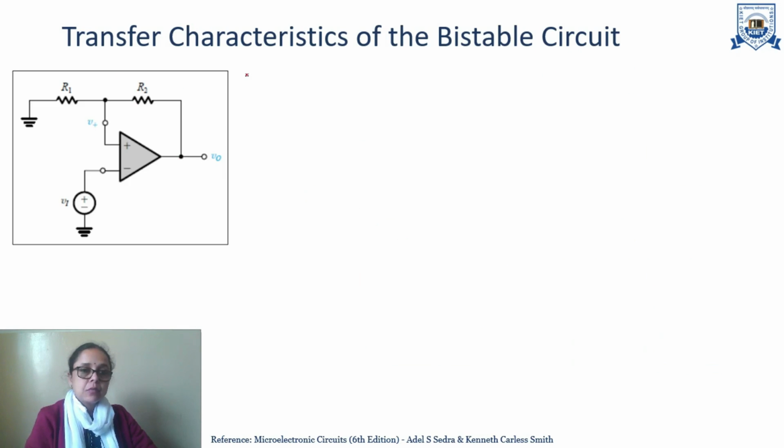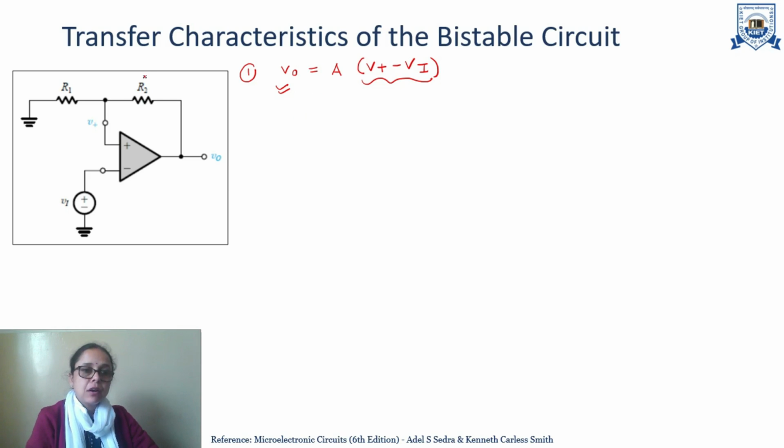Now we have to analyze how the circuit is going to give the bistable operation. First of all we start with the simple equation for the gain of operational amplifier. The voltage V naught will be A times (V plus minus Vi), means the output voltage will be the gain of the operational amplifier multiplied by the difference of input signals.